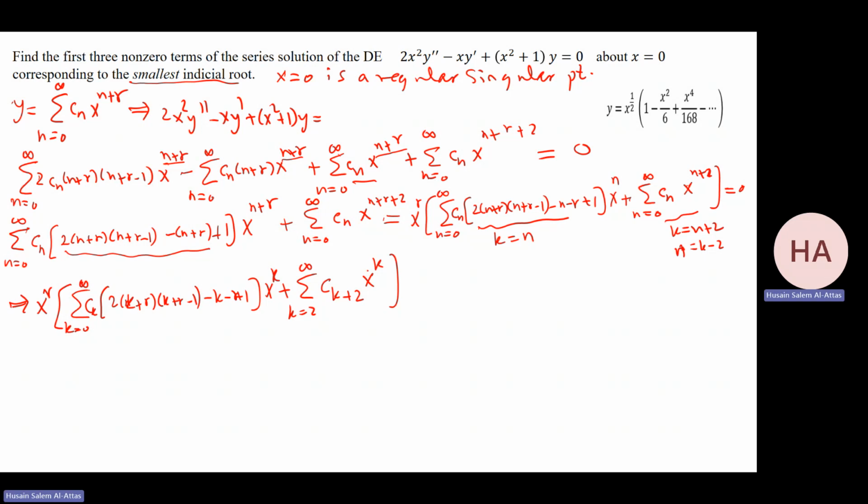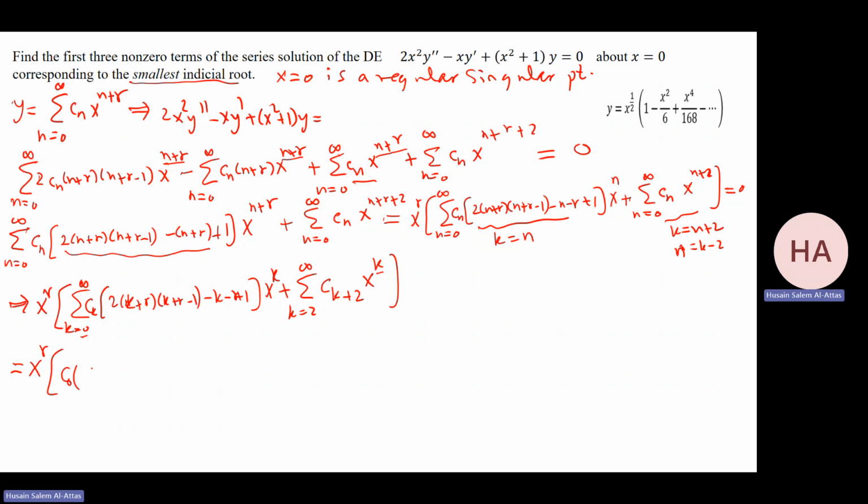Now I fix the powers. I need to fix the starting point. So that will be x to the power r. Open the first one. I have C0. Usually I work with C0 as nonzero.